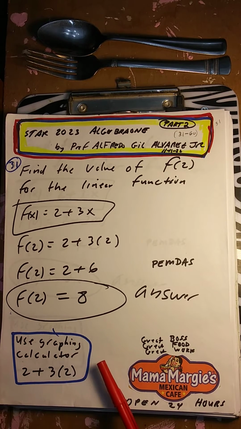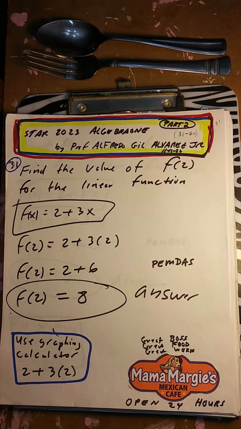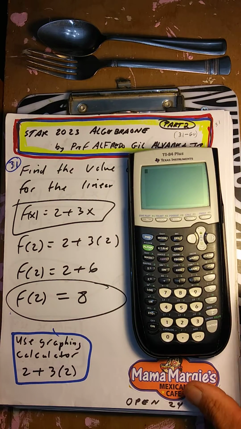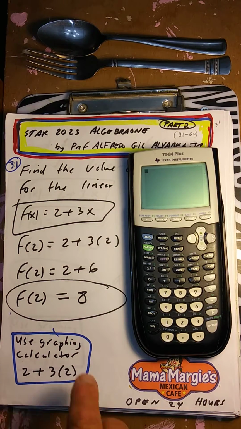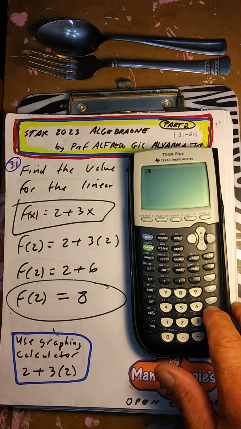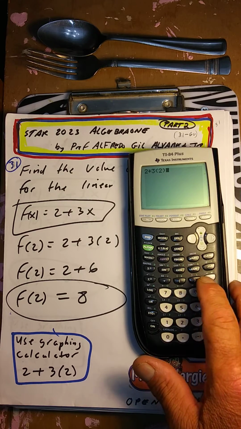8. Okay. Can you use a graphing calculator? Sure. In fact, let me bring one here. This is a graphing calculator right here. How do we use this machine to do this problem? You put in the number 2 plus 3 parentheses 2 close parentheses.